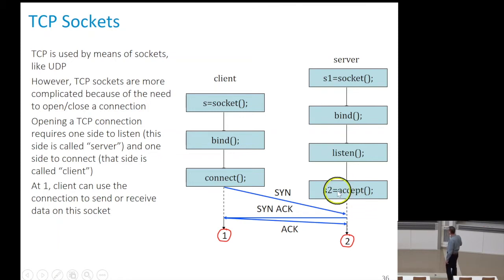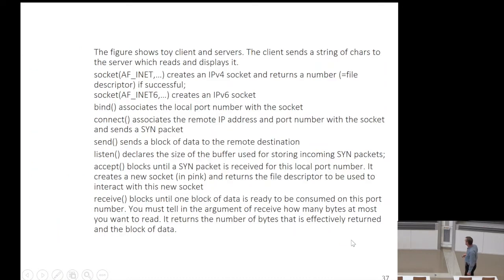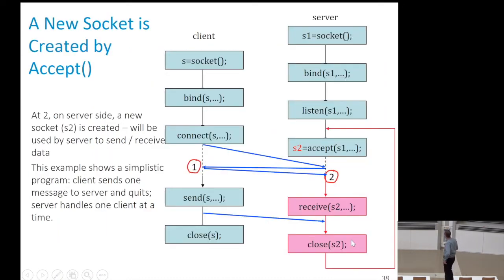If there is not, I block until there is one that comes. If you're a server that nobody contacts, then the server program hangs and waits until a request comes. When a request comes, you consume it, and something else happens that we're showing here.